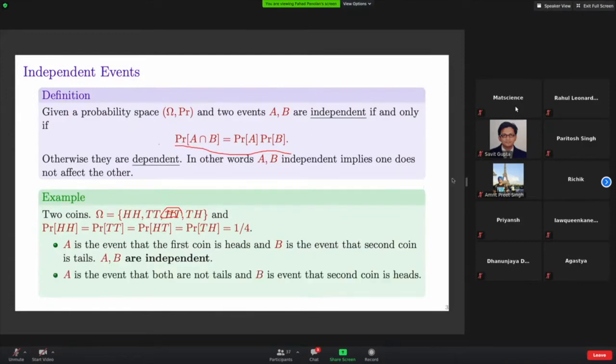Now look at this event. A is the event that both are not tails, and B is the event that the second coin is head. Is this independent?